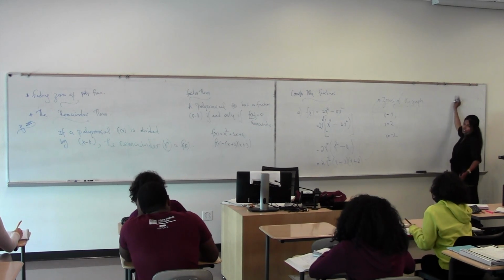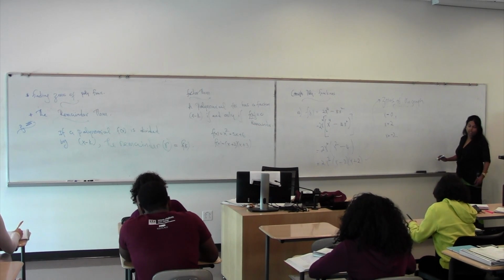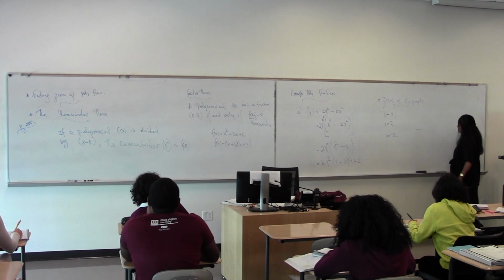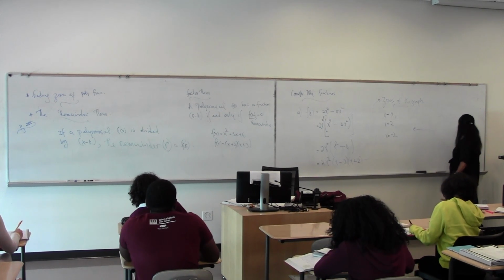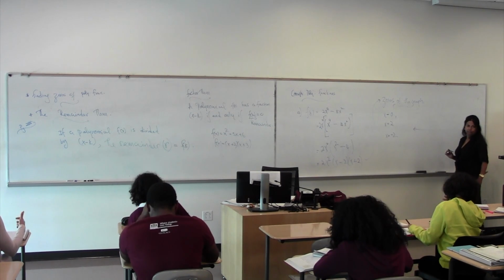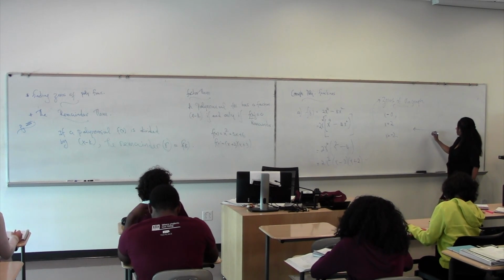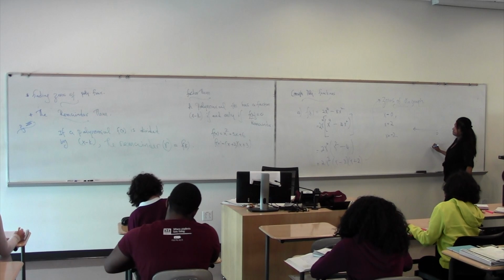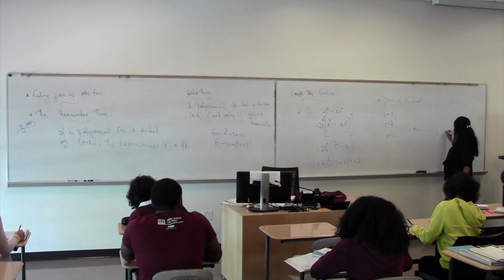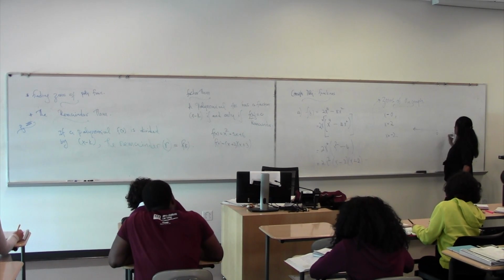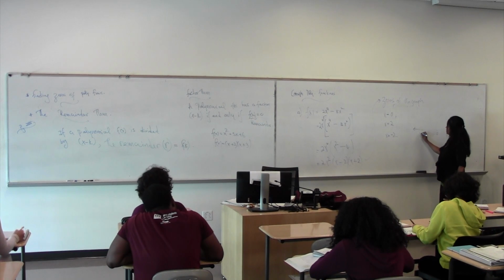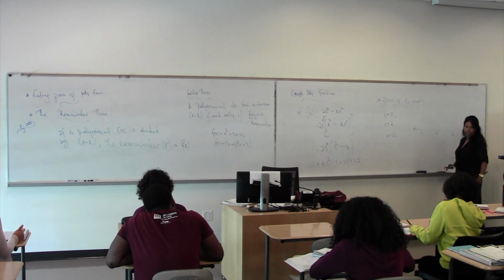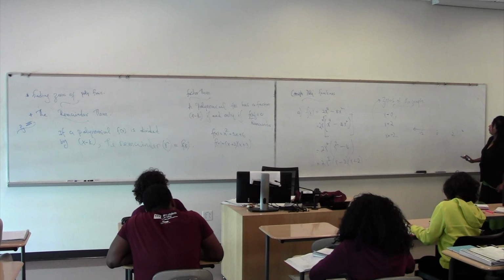We only need a sketch, not the whole graph completely. We are going to put an interval and mark the x-intercepts: 0, positive 2 and negative 2. Okay, we have this. Now after this, what are we going to do?